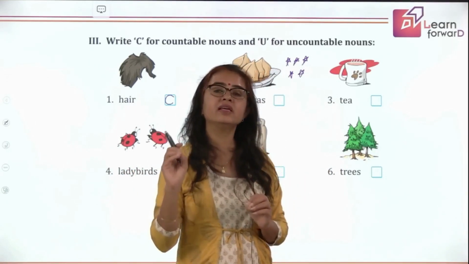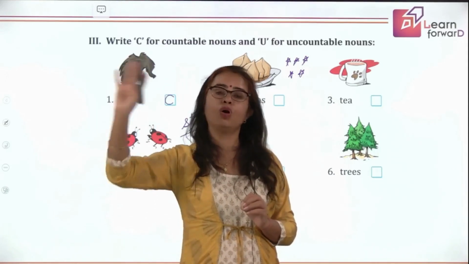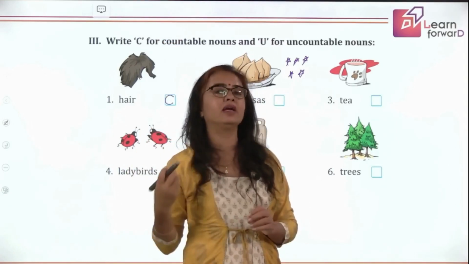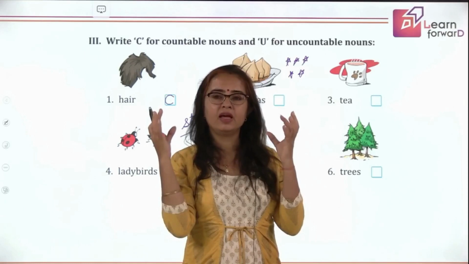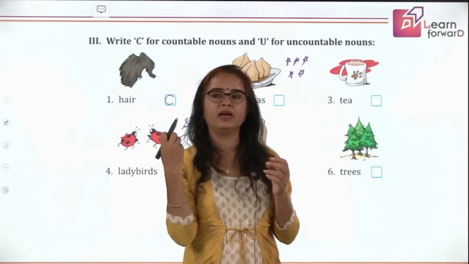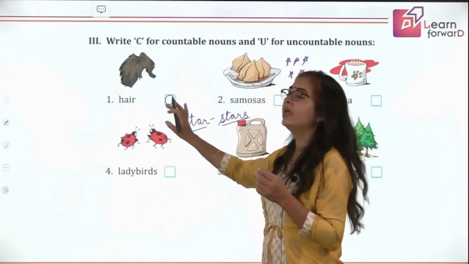Just like stars. You have so many stars spread all over in the sky and you cannot pluck them and count. Similarly, you have so many hair in your head that you cannot pluck them and count, right? So this is the reason why hair is countable.